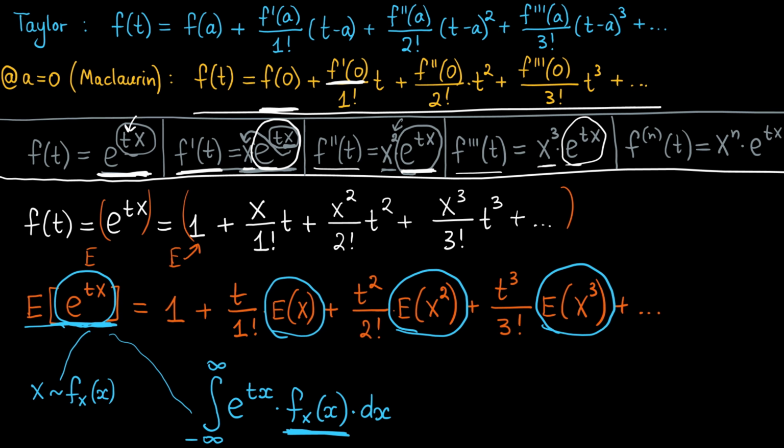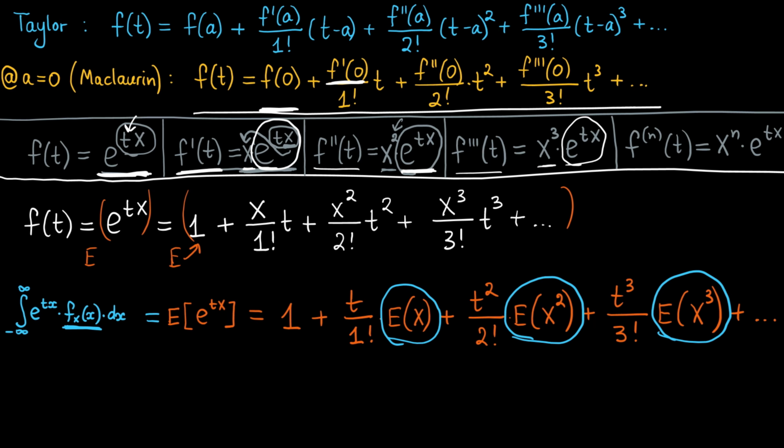So let me shift things around here just to make it more visually clear. Okay, I've now written everything on one line. So this equality here is given by LOTUS, right? LOTUS tells us what the expected value of a deterministic function of x is. And this second equality here is the Maclaurin expansion of the function e to the power tx.